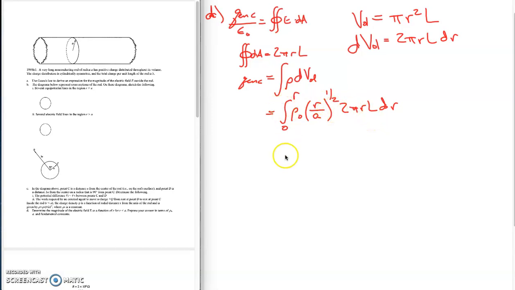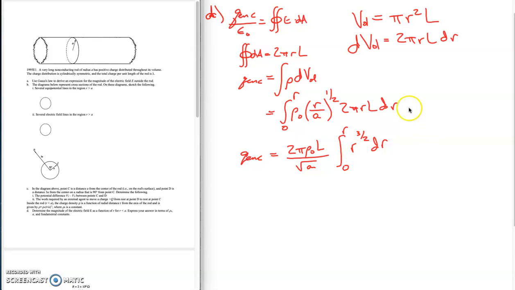Everything that's a constant, let's bring that outside. So 2 pi rho naught L over the square root of a. Those are all constants. What stays inside is this r times this square root of r. So this will be r raised to the 3/2 dr, and we'll be integrating from 0 to r, and that will get us the enclosed charge.